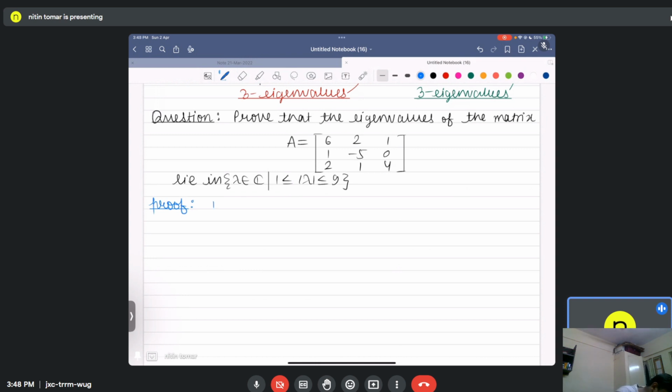So your D1 will be z in C such that |z minus 6| is less than 3. Now D2 is z in C such that |z plus 5| is less than 1.